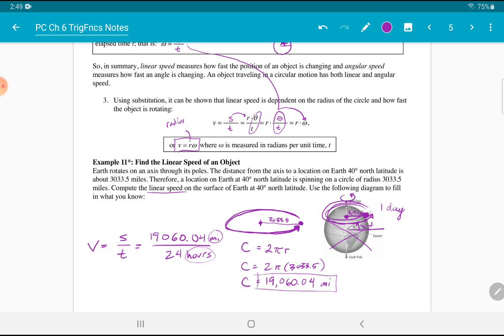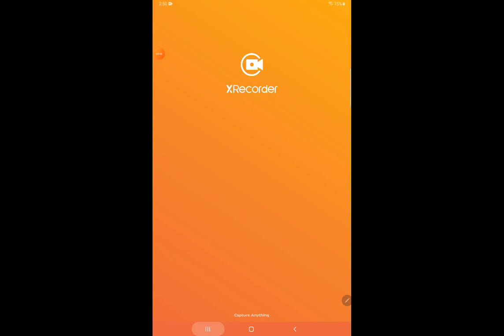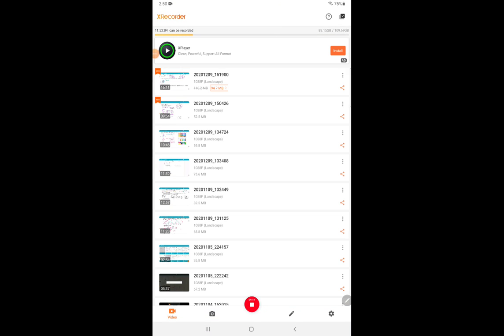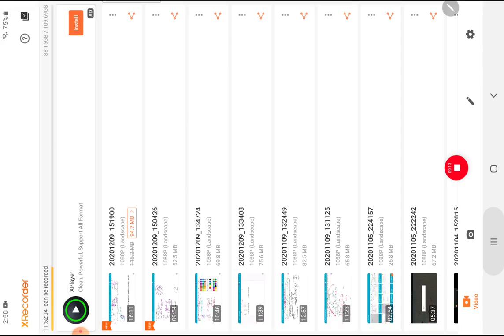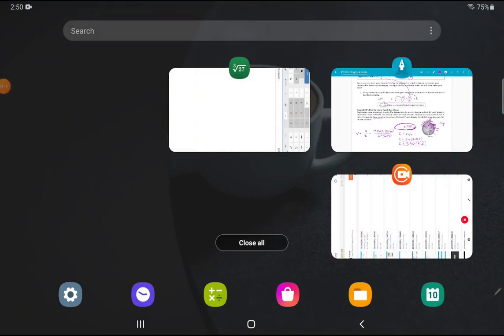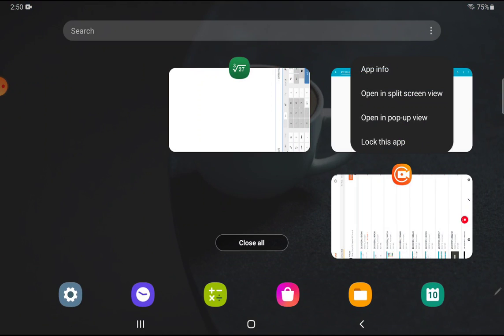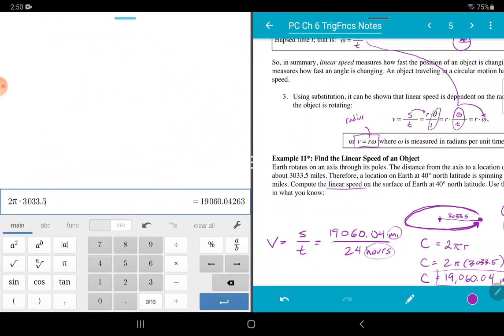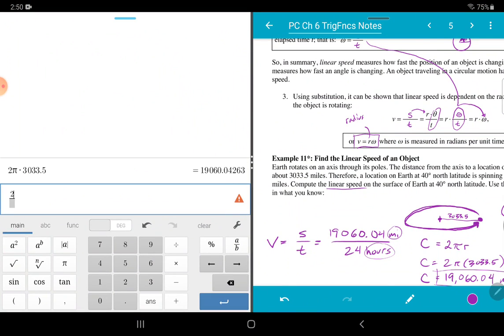Okay, so now I'm going to go ahead and calculate the speed. Okay, so we have our value already. We're going to take that and divide it by 24 hours.